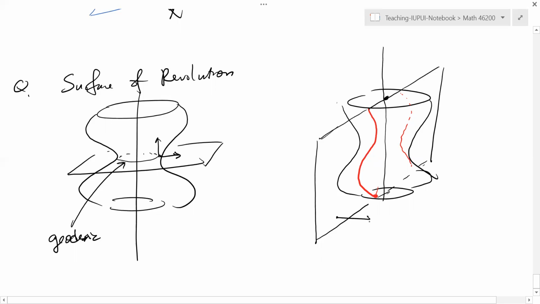What is the normal vector to this plane?